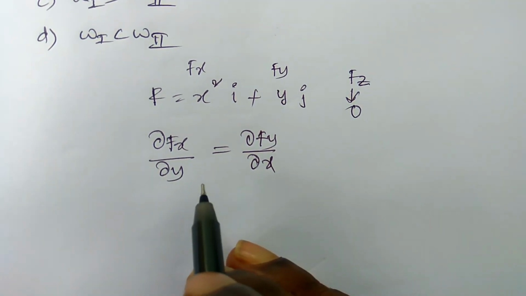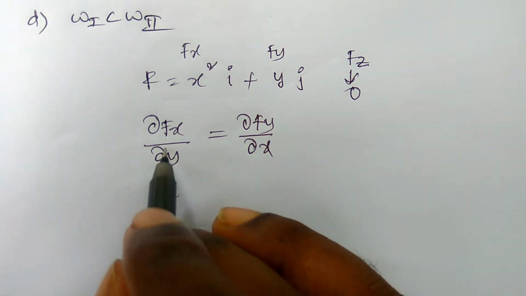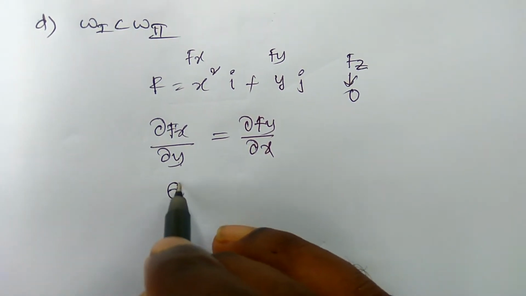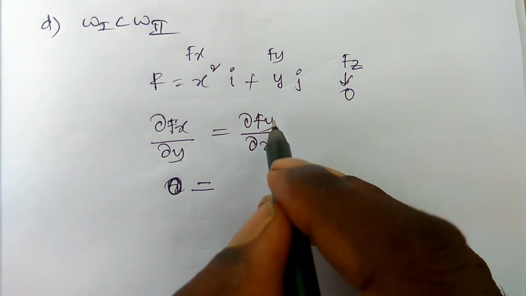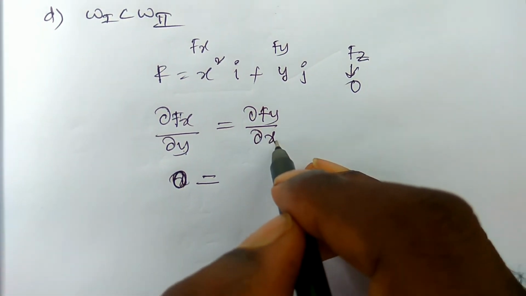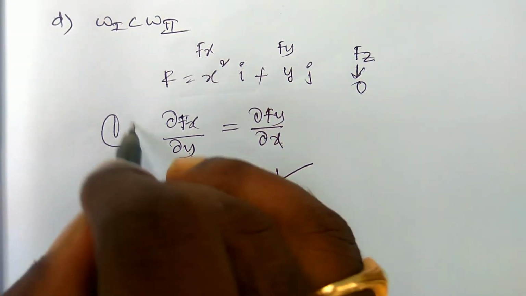Fx is x square, so x square with respect to y is constant, 0. Fy is y, and y with respect to x is constant, 0. So this is satisfied.